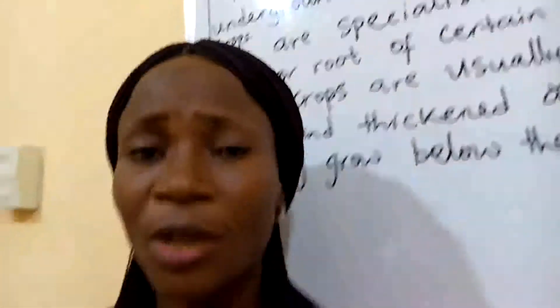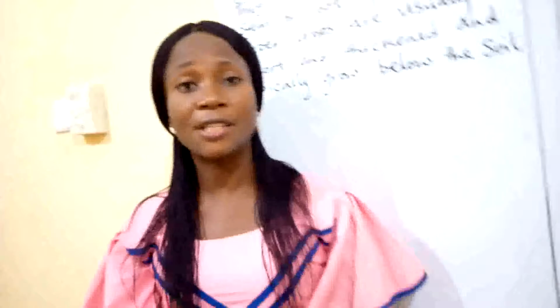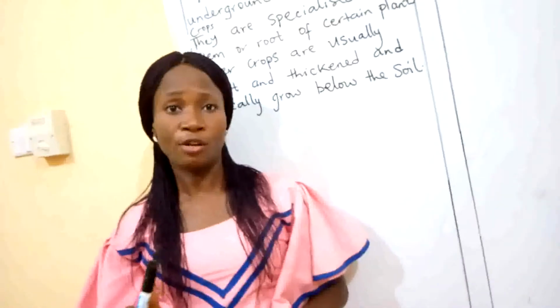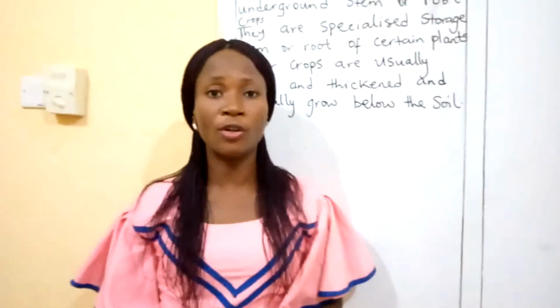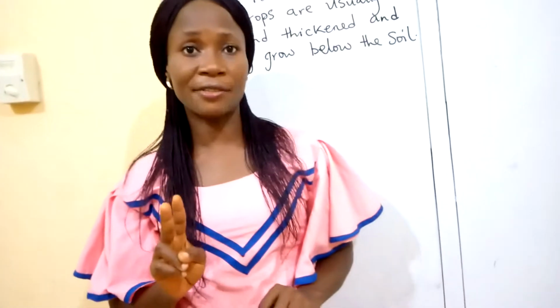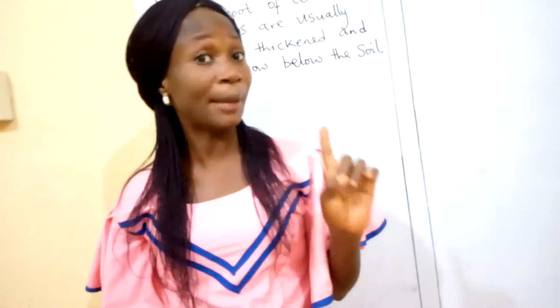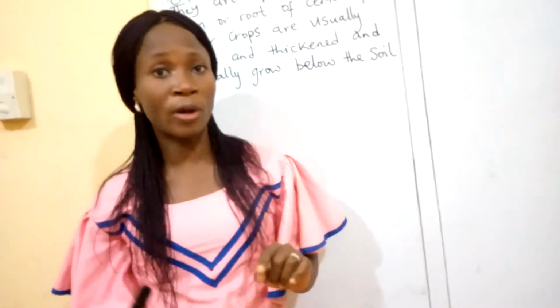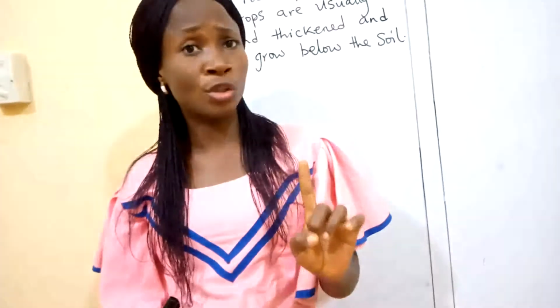Okay, the next thing we are going to be looking at is the classification of tuber crops. We say tuber crops are classified into two groups. The first one, we have the stem tubers, and the second one is the root tubers.